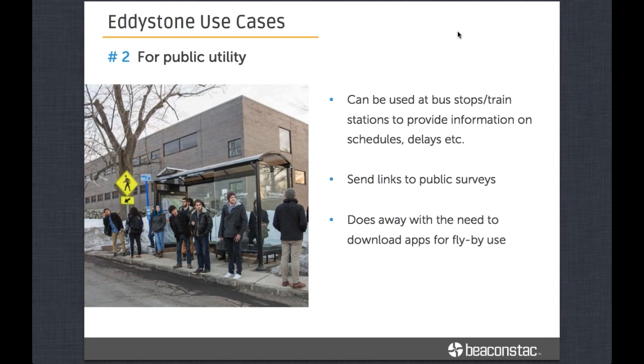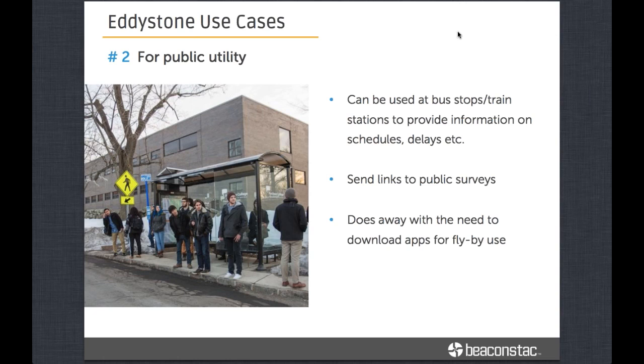Now, the other option, of course, is that you could run a web search for this, but that's going to take time. So it's far simpler if there's an Eddystone beacon placed at the bus shelter, then as you walk into that, it'll show you the list of the buses that are going to pass by in the next half hour, let's say. Very simple, very straightforward. And it does away with the need to download the app.